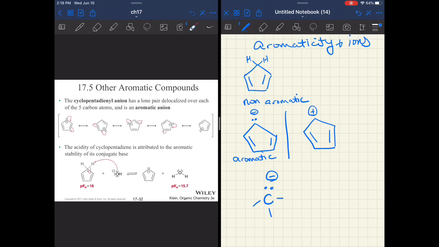But the reason why normally you would say this is sp3 and tetrahedral geometry is because that allows the bonds and the electrons to spread out as much as possible, which is typically more stable. But a lone pair will accept being pushed closer together if it helps it achieve aromaticity.